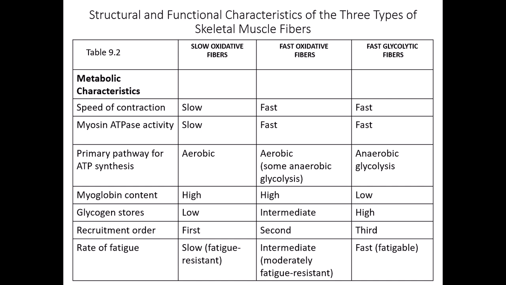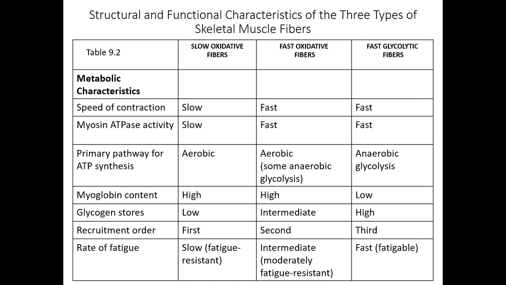Okay, so when we talk about skeletal muscle fibers, there are three categories, and they have different structural and functional characteristics. So we can talk about slow oxidative fibers, fast oxidative fibers, fast glycolytic fibers. Each of those categories has two words in it.